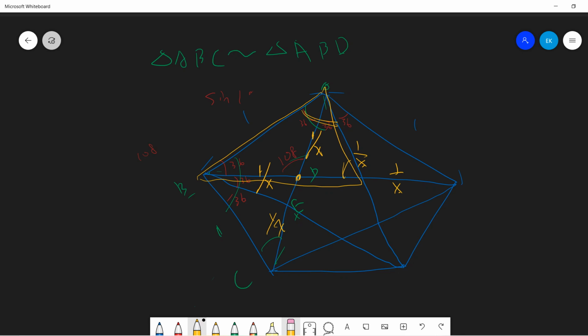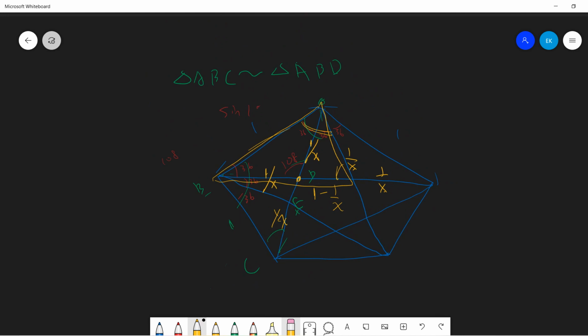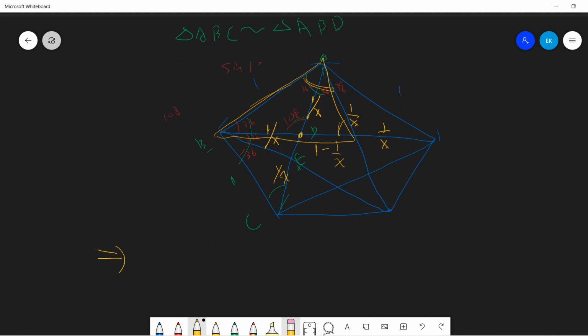These two sides must be the same. So if this is 1, then this must be 1 minus 1 over x, right? So now we have 1 over x plus 1 minus 1 over x plus 1 over x. So we get x, the total length, the diagonal is x, is equal to 1 minus 1 over x plus 2 divided by x. So it's 1 plus 1 divided by x.